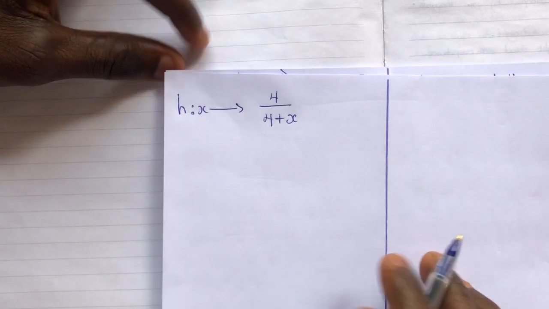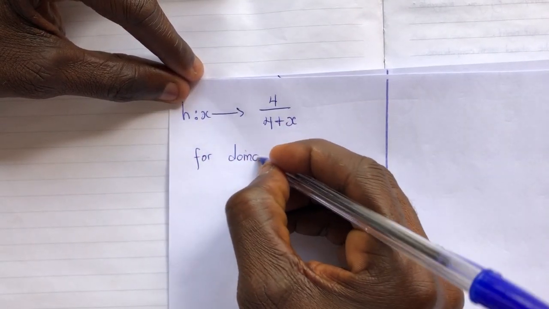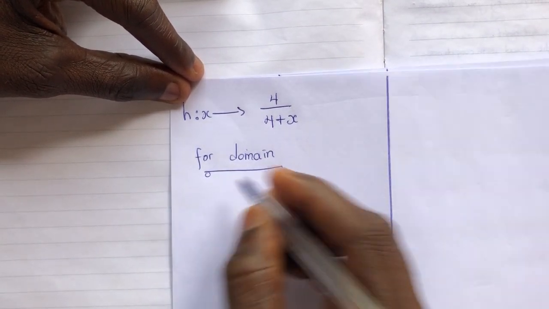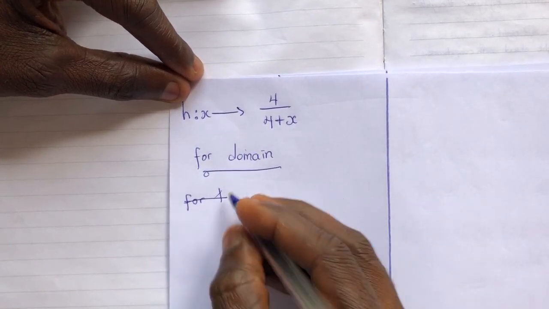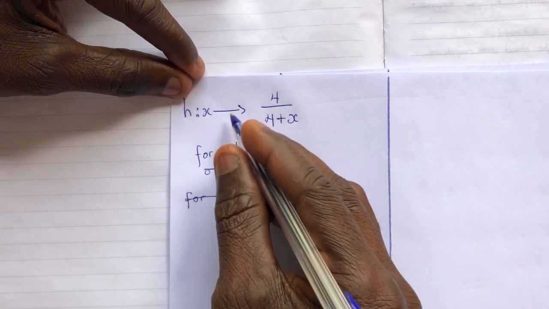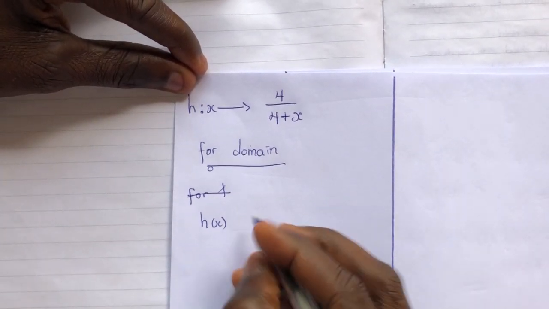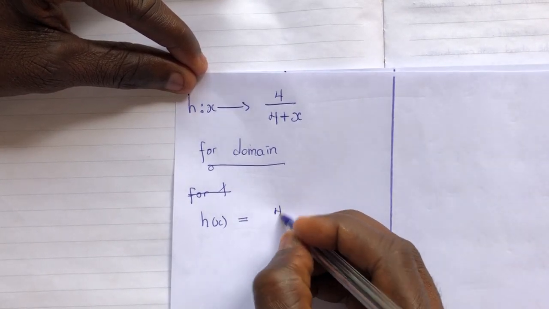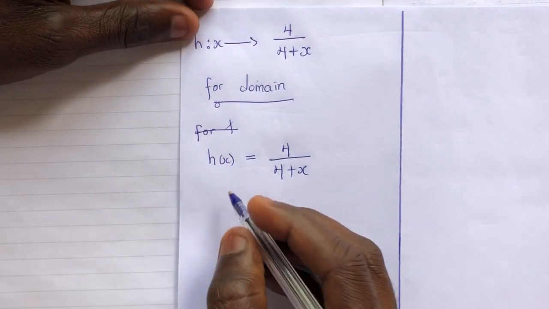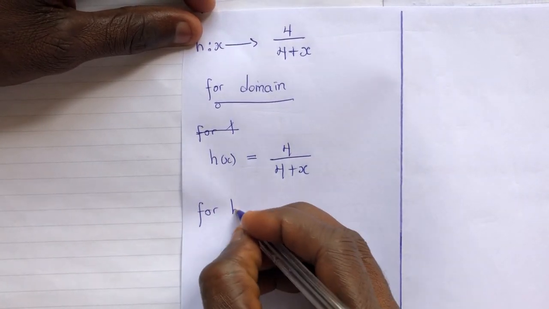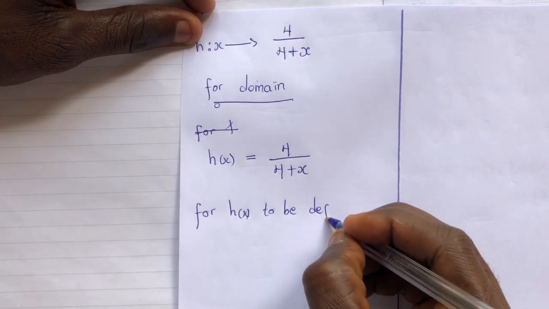We already know what we have to do, so for the domain, we say for the function. So the first thing we need to do is to write the equation h of x equals 4 out of 4 plus x, and now we write our statement for h of x to be defined.